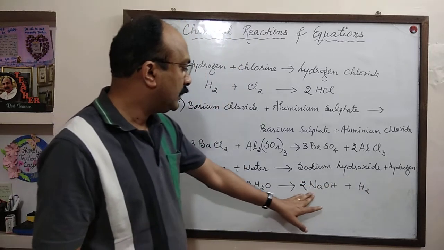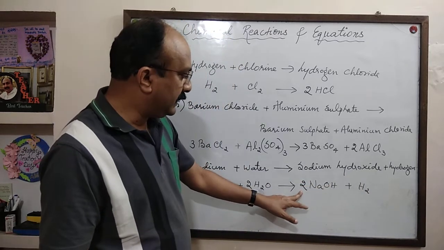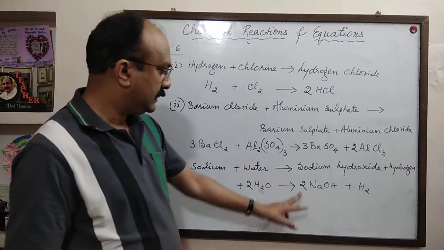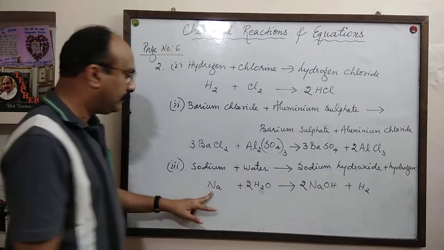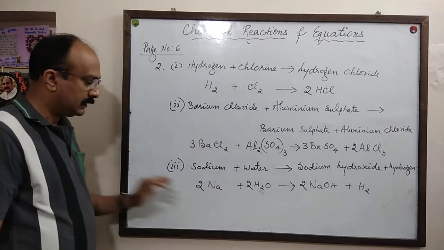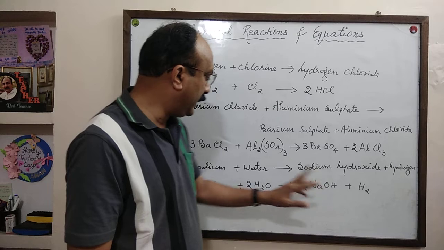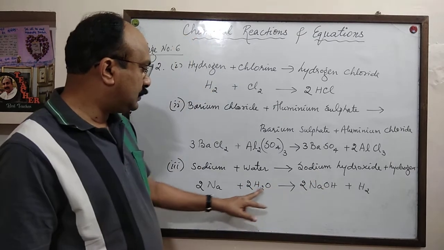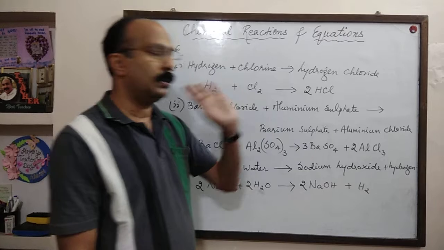But what happened? By writing here 2, Na and O also got double. Now it is 2 Na. But here it is only 1 Na. So here also we have to put 2. Now 2 Na, 2 Na. Hydrogen is already balanced, 2O, 2O.